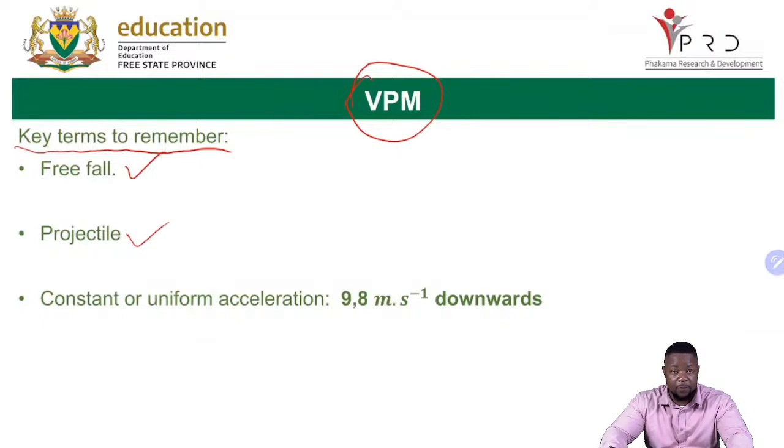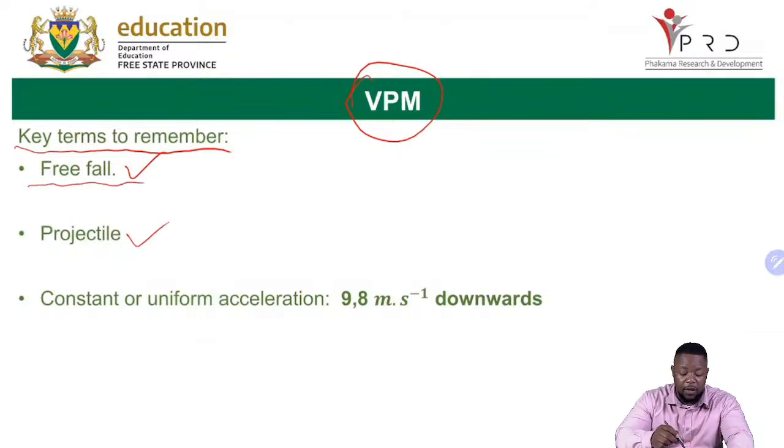When we define free fall, we are talking about the motion of an object under the influence of gravitational force only. The word only is very important in this definition.